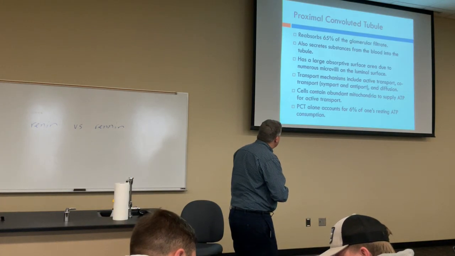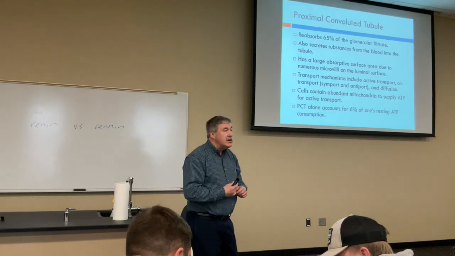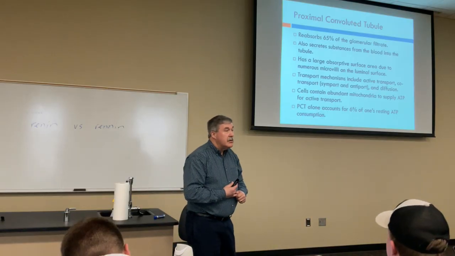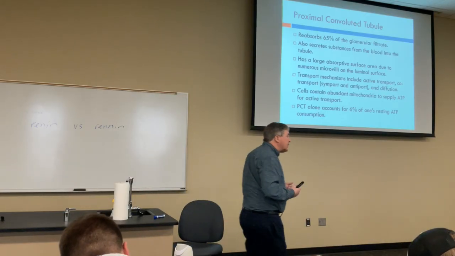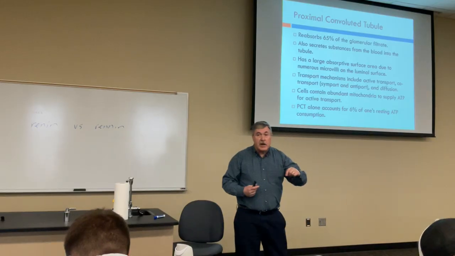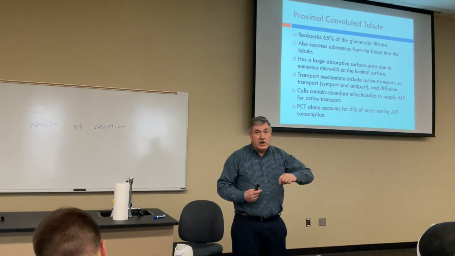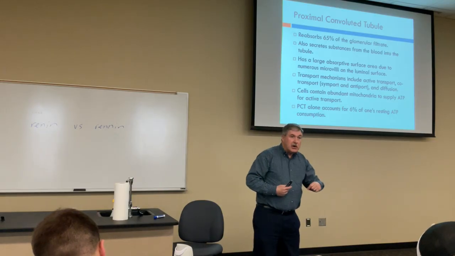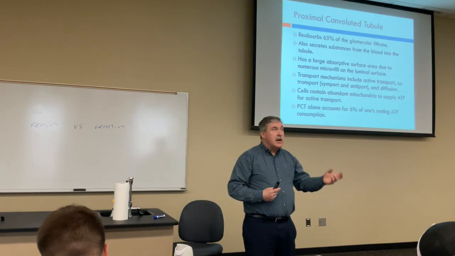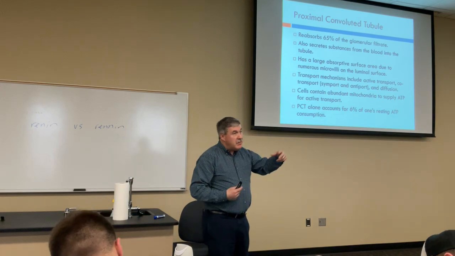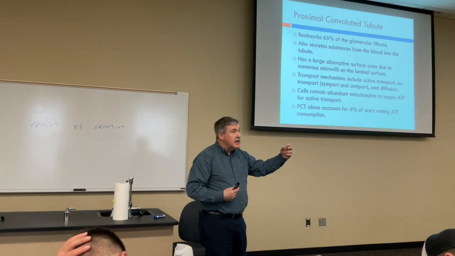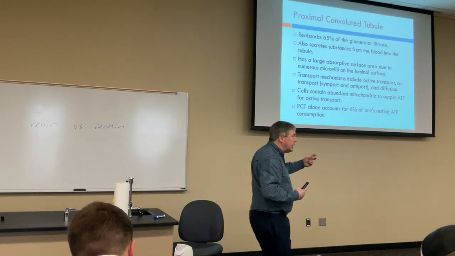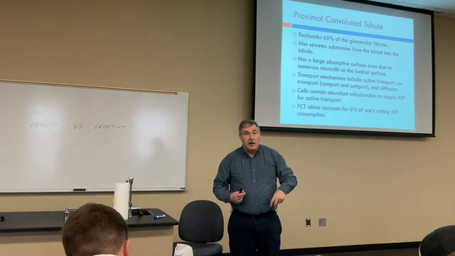And it also secretes substances from the blood into the tubule. So there are two ways substances can get into the filtrate. It can get in from filtration, but there's also a process called secretion, where substances that didn't get filtered, that remained in the peritubular capillaries, can be actively transported from the peritubular capillaries into the proximal convoluted tubule.